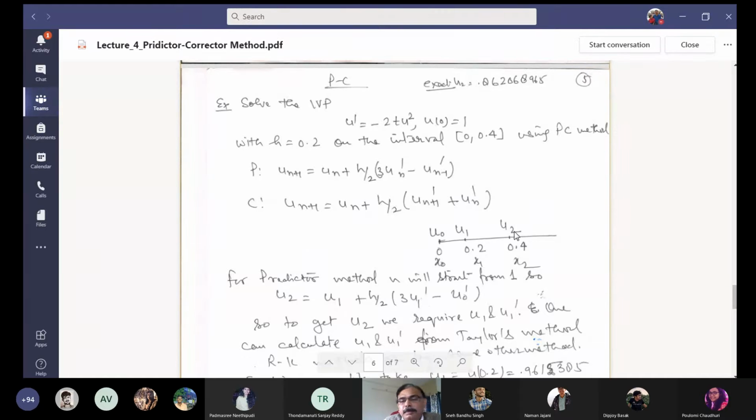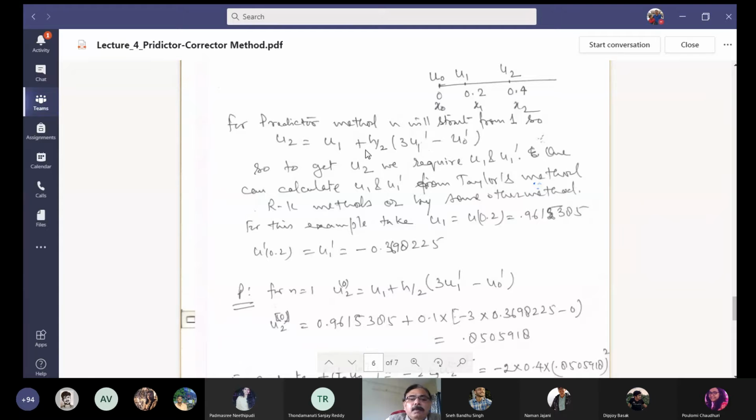Now your subdivision is there, x0, x1, x2, everything is there. You understand those things, and y1 is calculated through some other method, and then we'll start. You may take Taylor's method, or the Runge-Kutta method, any order.